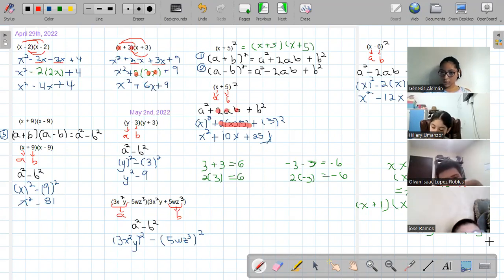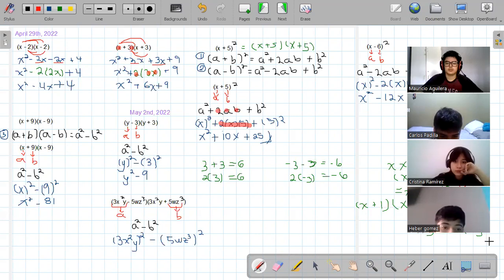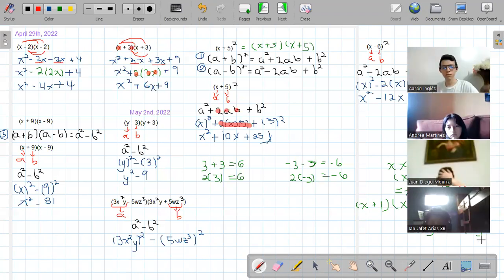What should I do then? How do I solve this? Look at the previous exercises. How did I solve that? And how are we going to solve it right now?